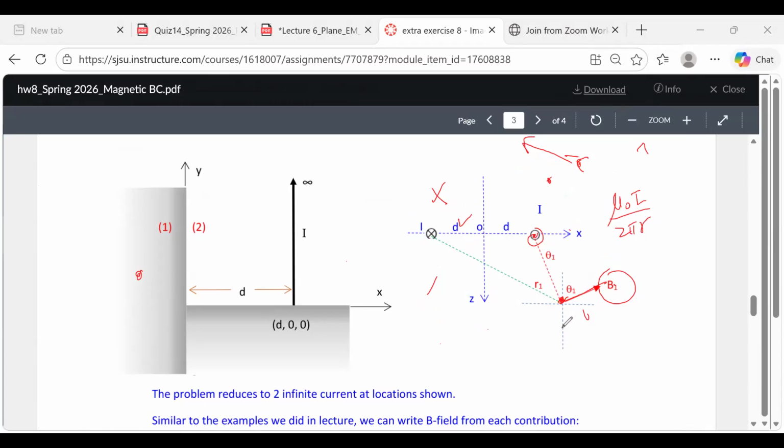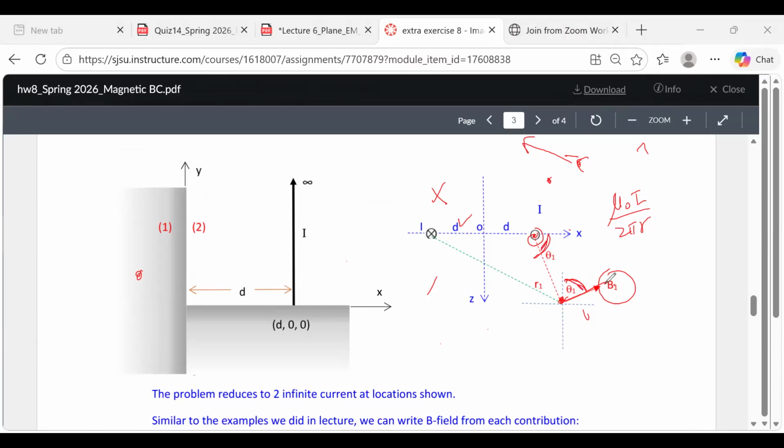I'm seeing a lot of people doing homework without drawing it. I don't know how you can figure out the direction without drawing your theta on your diagram, because you're supposed to read it off from the diagram. So I draw this and I'm going to call this angle theta 1.